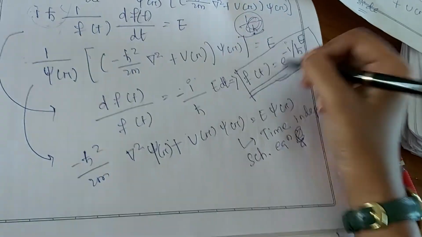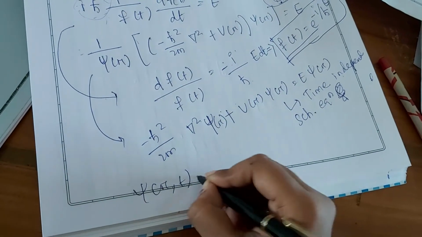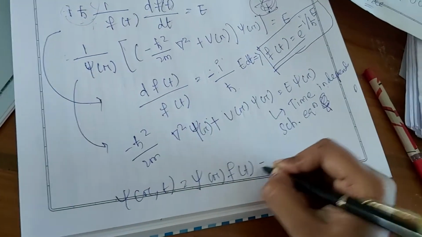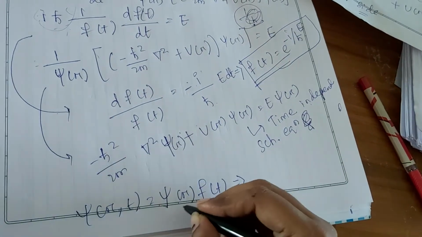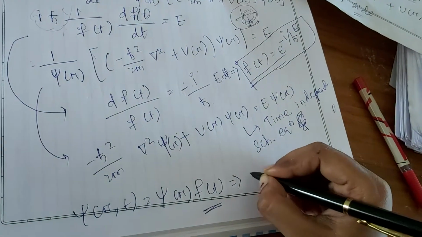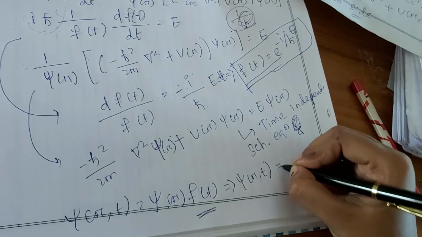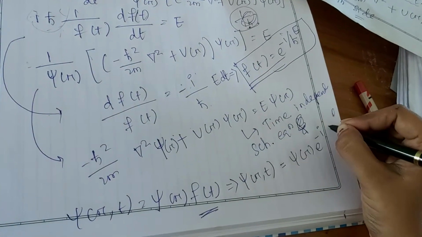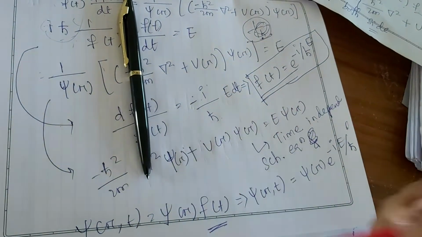From this, if I substitute the value of f of t in psi of r into f of t, I will get psi of r t is equal to psi of r e to the power minus i E by h cut. This is the important relation.